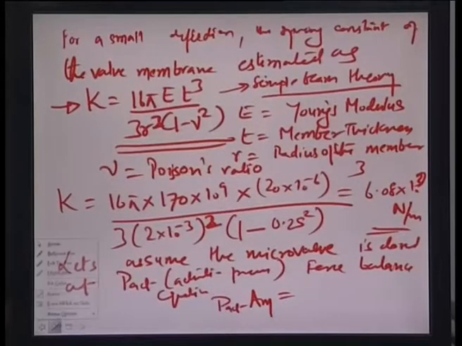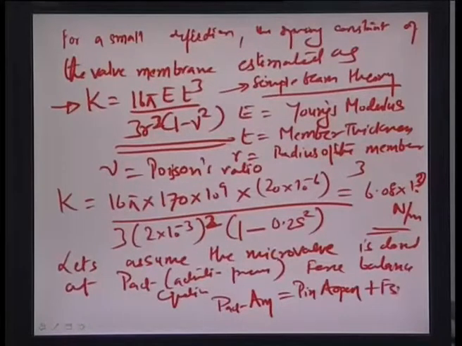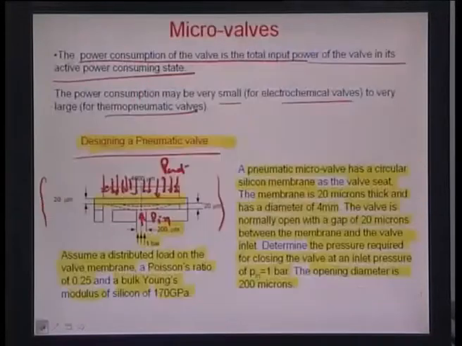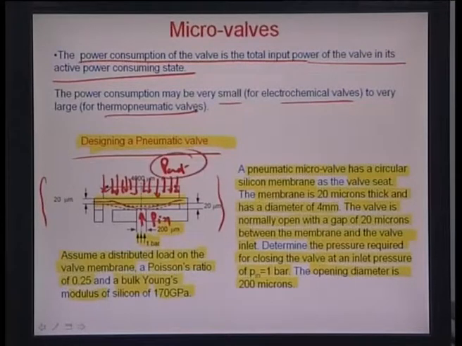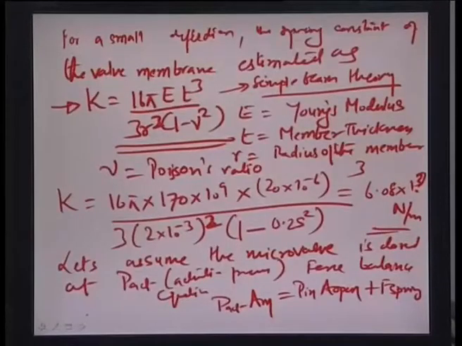In this case the open system is nothing but the area of the membrane itself. So P inlet times A open, plus the spring force. Mind you, the pressure here is being resisted by the downward spring-like movement of this valve. So whatever force P inlet would have on the membrane, plus the spring force, is essentially equal to the actuation pressure times the area of the membrane. This is essentially at equilibrium.